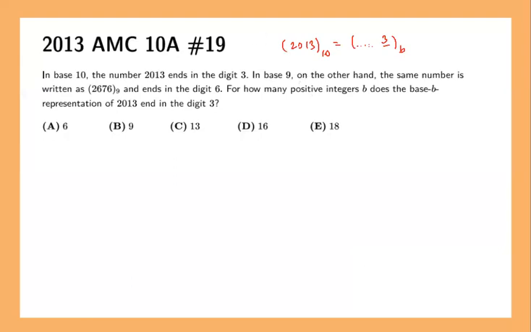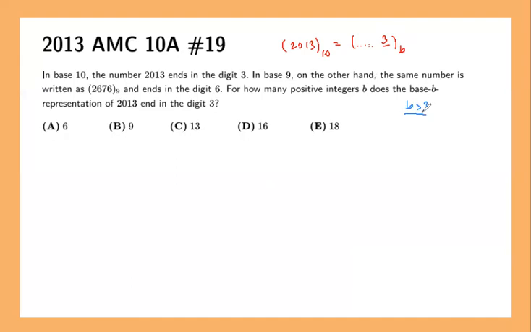So it's a fairly straightforward question, but at the same time, it's not really clear where you are going to start. But here's what I'm going to ask you to do. Even though we have no idea about the number of digits, we already know one of those digits is 3, which means b has to be larger than 3. That is something I know for sure.